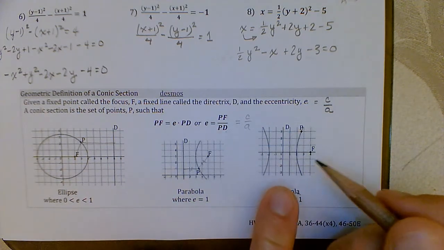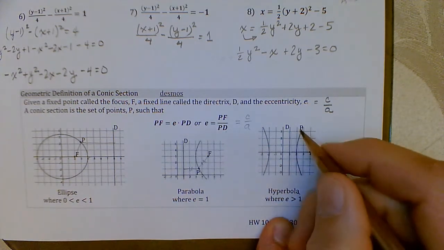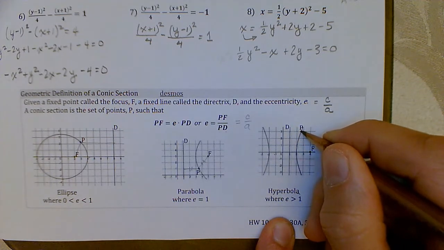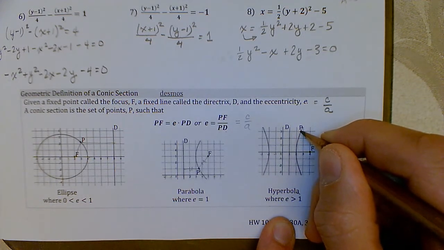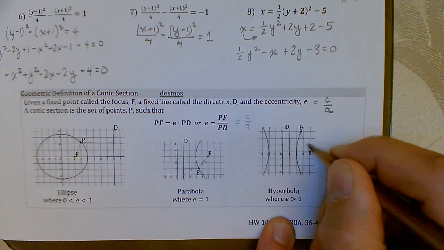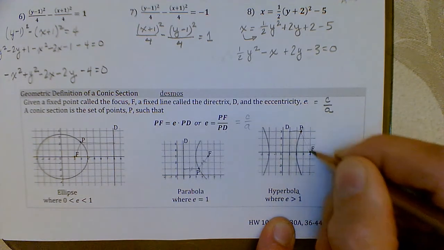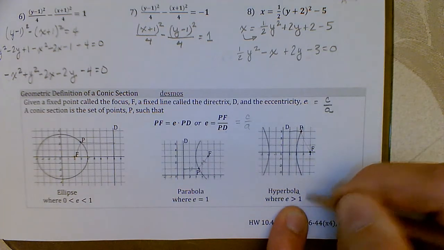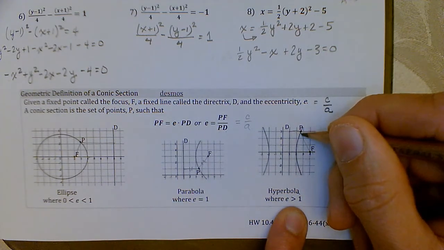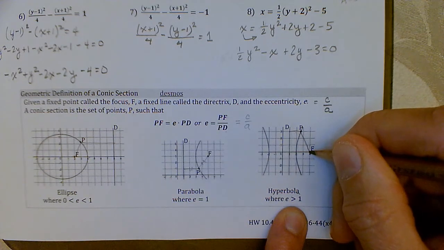And then for a hyperbola, we think about a point, the distance from the point to the focus, and then from the point to the directrix; that ratio will always be greater than 1. So this length will always be the greater of the two.